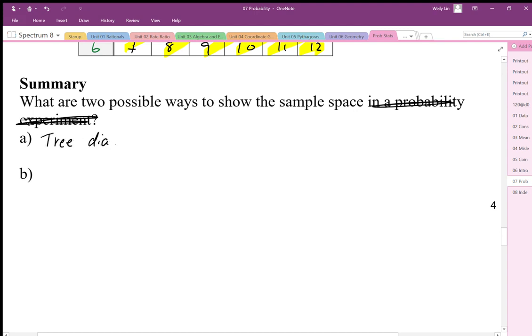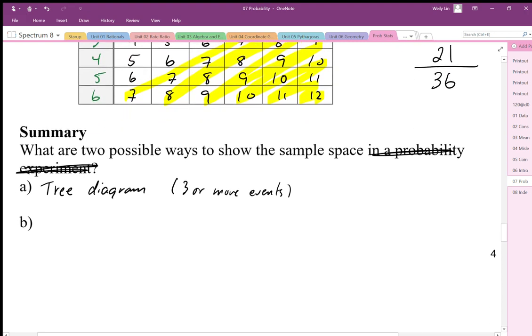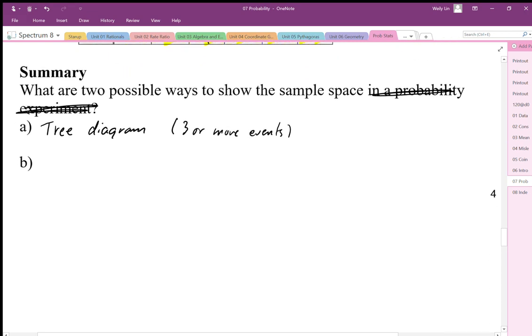I'm just going to make a note here that this is great for 3 or more events. But when we have 2 events, like 2 dice, 2 coin flips, 2 spins, a grid diagram is probably better. This is ideal for 2 events.